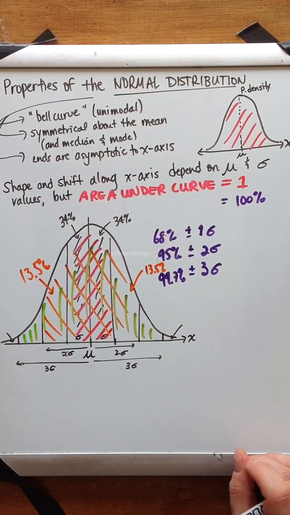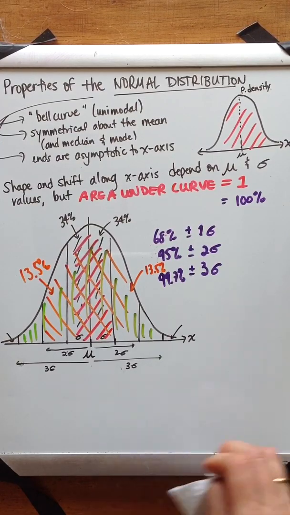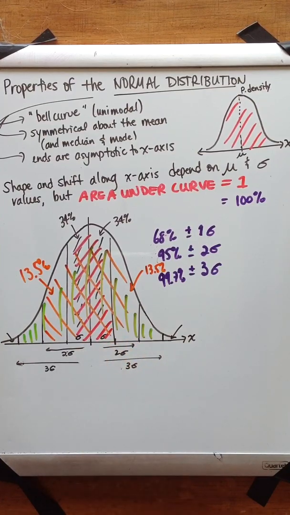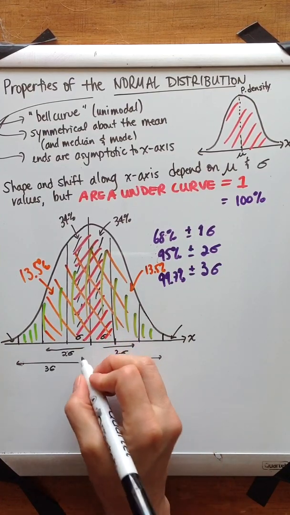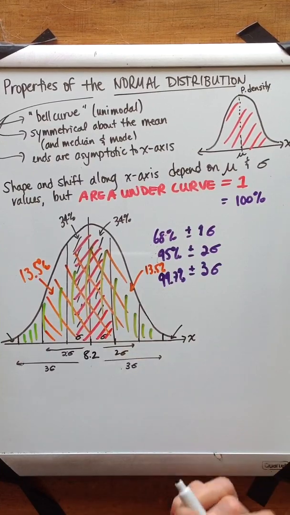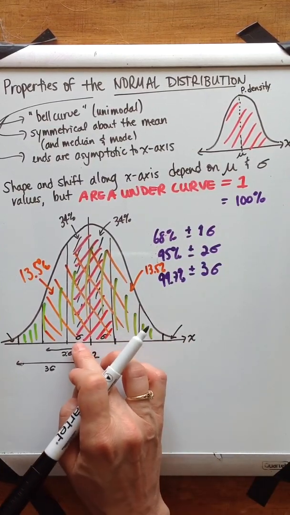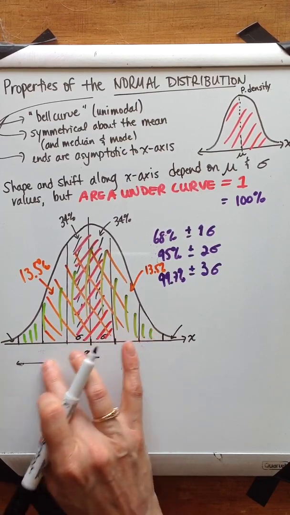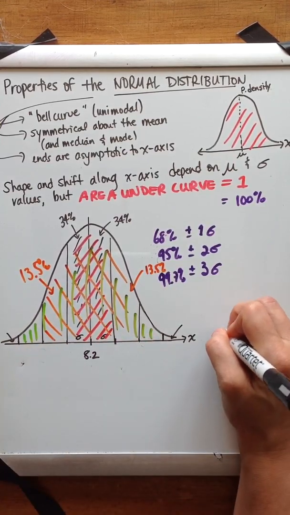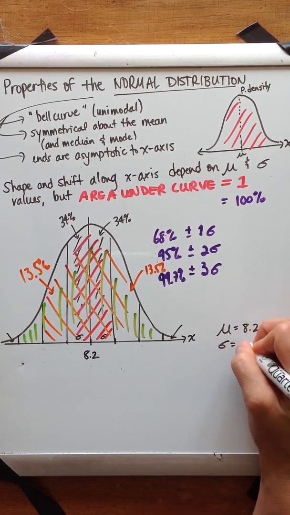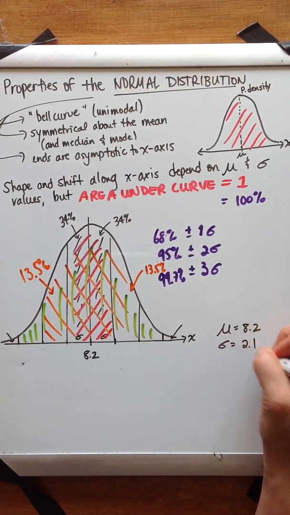So let's apply this to a real life scenario. Let's say that your mean for a particular data set, let's put a number in here, is 8.2. And let's assume that one standard deviation is worth 2.1. I'm going to write these off to the side here. So the mean is 8.2 and one standard deviation is worth 2.1.